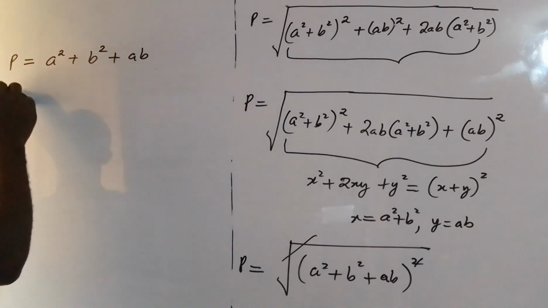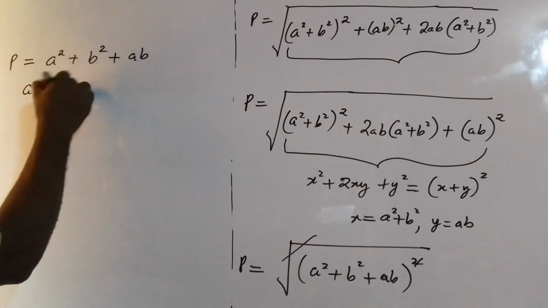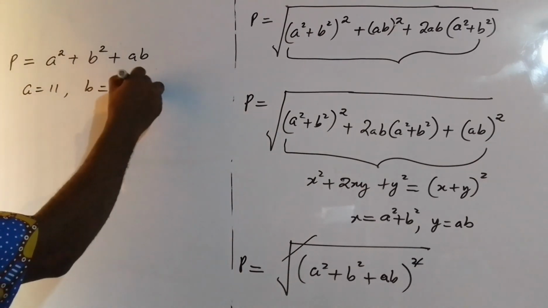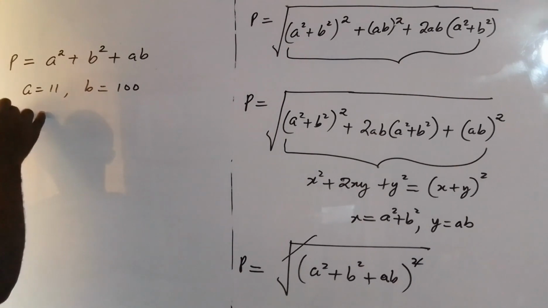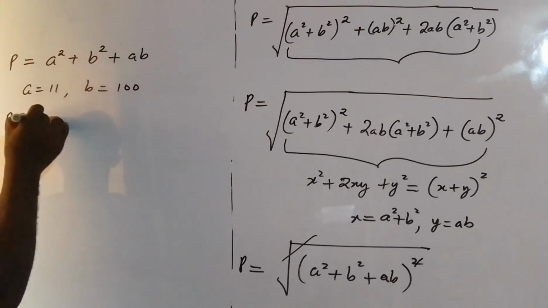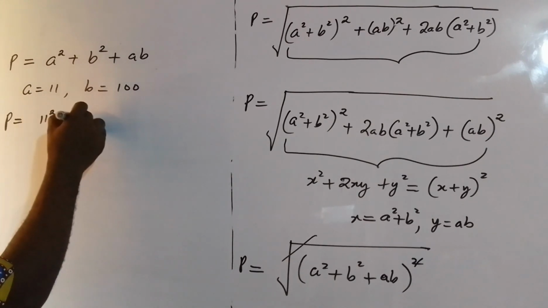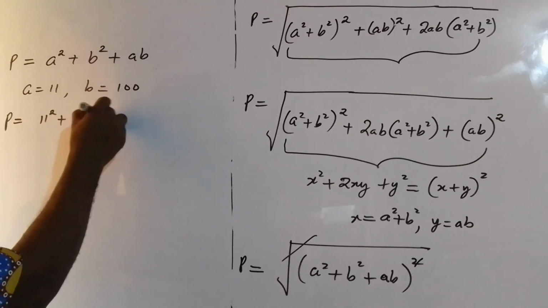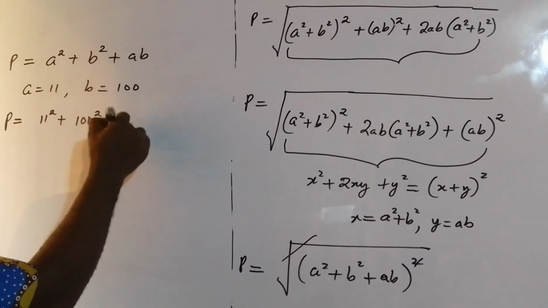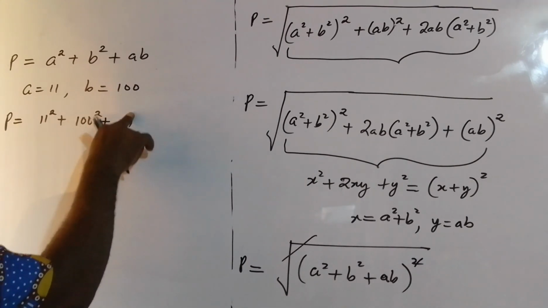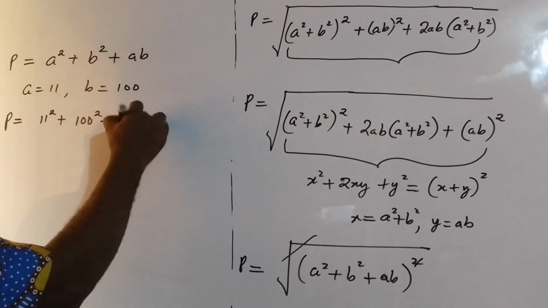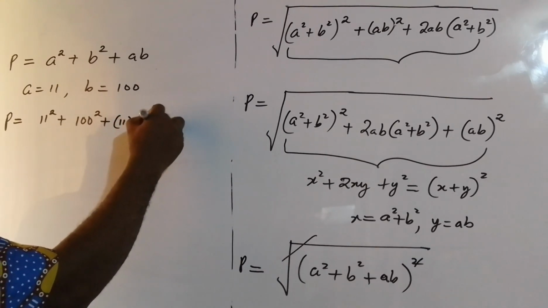We know that a is equal to 11 and b is equal to 100. So using this, we can find the value of P to be 11 squared plus 100 squared plus 11 times 100.